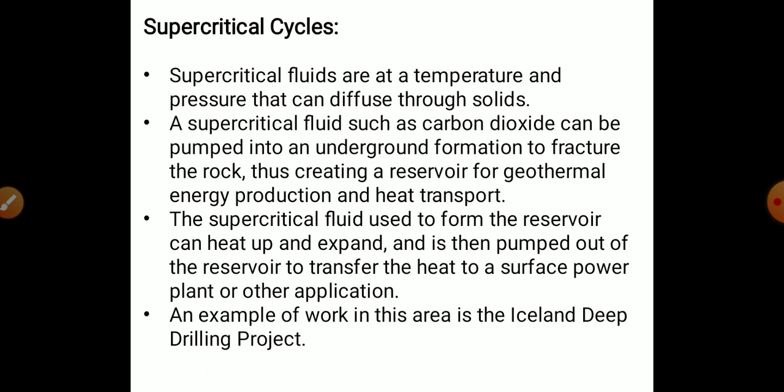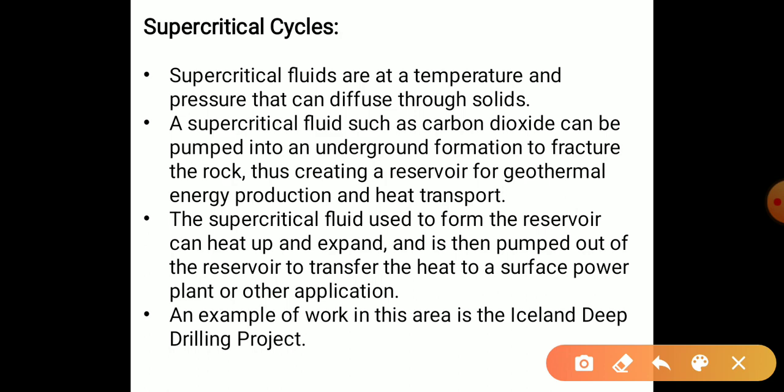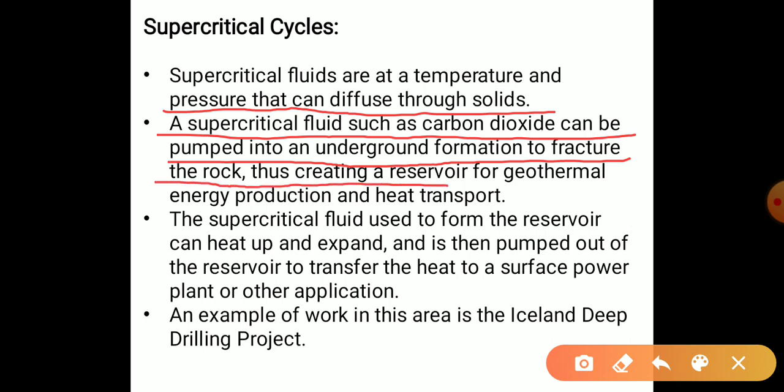Then the supercritical fluid, at a temperature and pressure that can diffuse through solids. A supercritical fluid such as carbon dioxide can be pumped into the underground formation to fracture the rock, thus creating a reservoir for geothermal energy production and heat transfer.